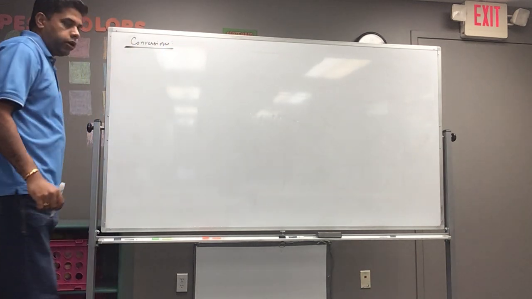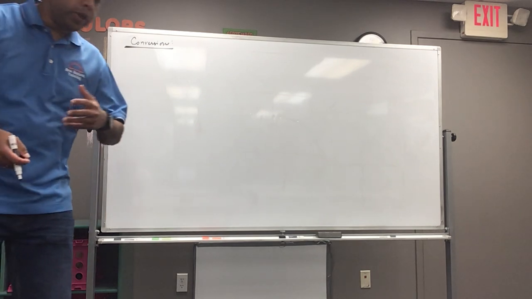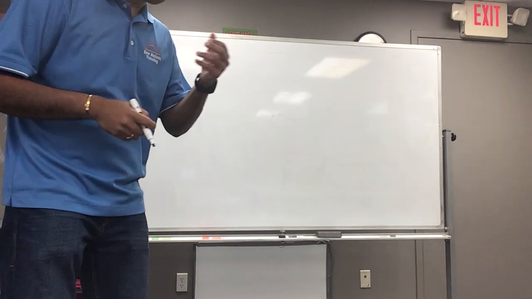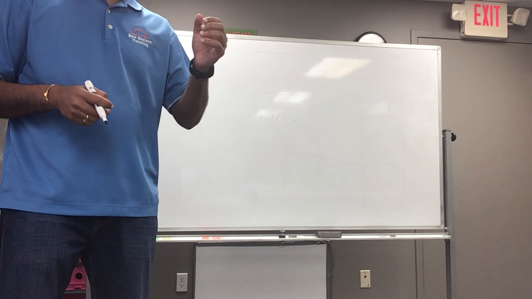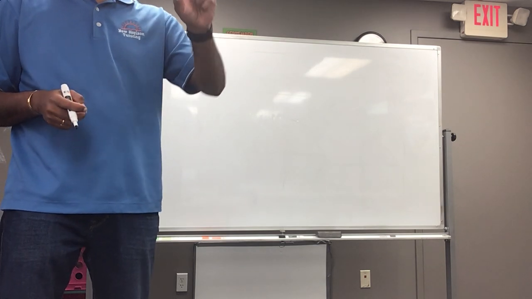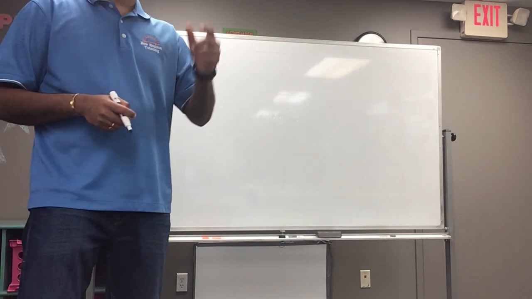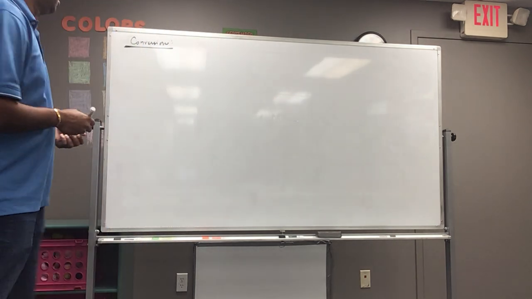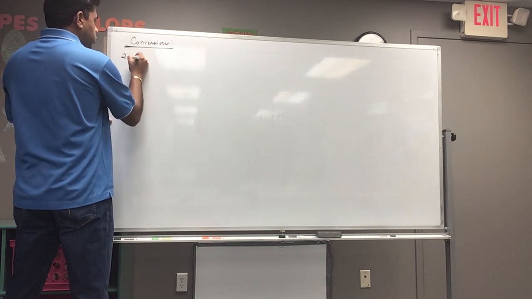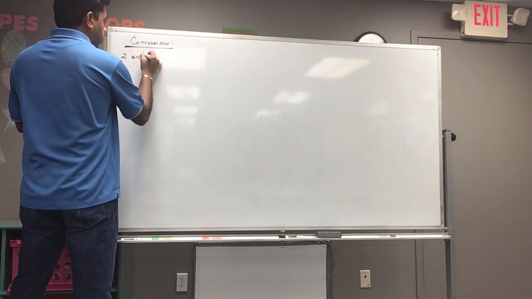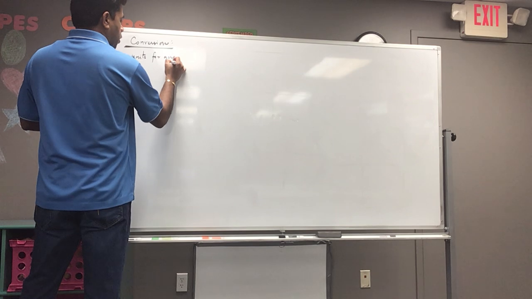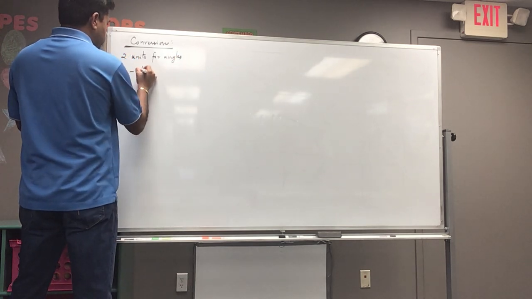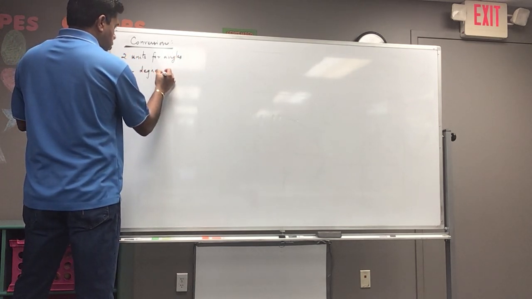So we're going to do the unit conversion. Just like when we talk about length, we talk about feet, inches, and so forth, right? 1 feet is 12 inches, is a conversion. Just like angles have 2 units. So there's 2 units for angles. Well, you're used to degrees. Your calculator should be in degrees mode.